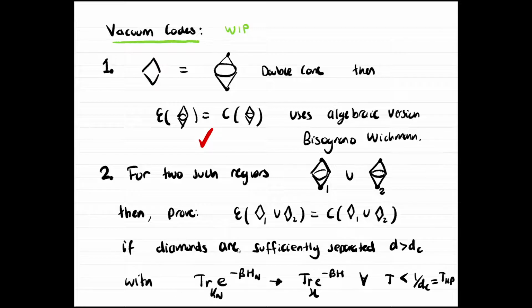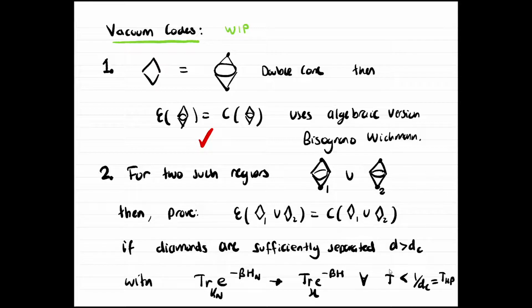So in particular, you want to ask whether the thermal partition function of the theory, we're talking about vacuum codes, but as an auxiliary statement, we're using some property of the thermal partition function. If the sequence of thermal partition functions converges to the bulk thermal partition function, which exists because I assumed that the bulk has the conformal symmetries, and it does so for all temperatures below some critical 1 over d, that sets the condition where you can prove this, right?